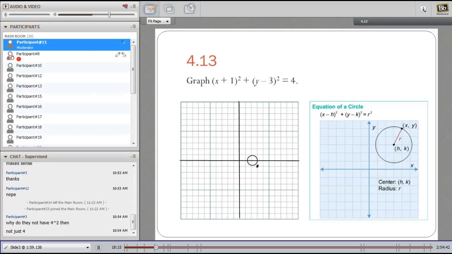Good question, Tristan. So what you want to do on this one is take the number here and make it equal to r squared. So you have to do a little mini algebra equation to find out what r is.